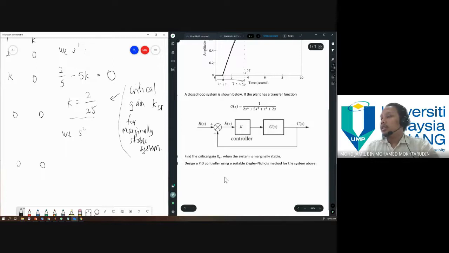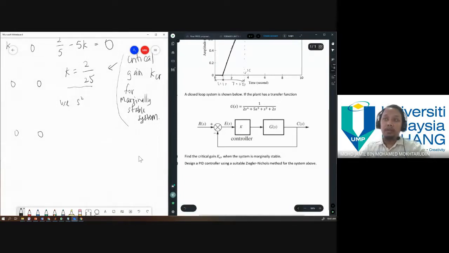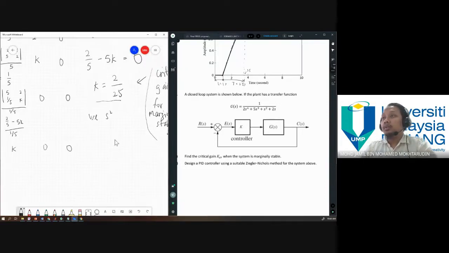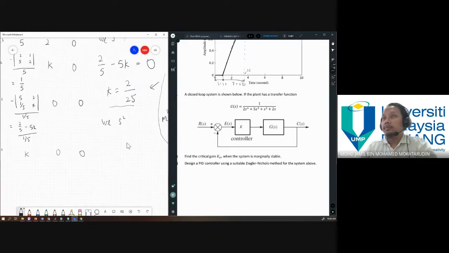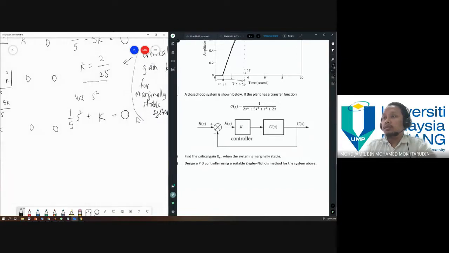And then question B: design a PID controller using a suitable Ziegler-Nichols method for the above system. So we have KCR. To design the PID controller, we need to find PCR. So here use row s^2 to find the frequency for the marginally stable system. So use row s^2, you get 1 over 5 s^2 plus K equals 0. And then substitute the K value.